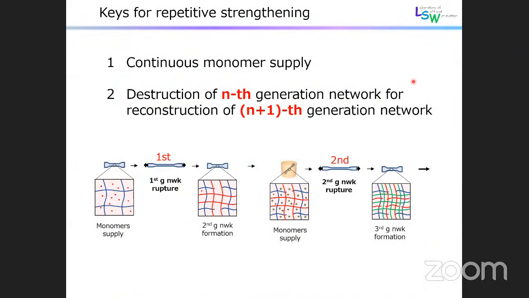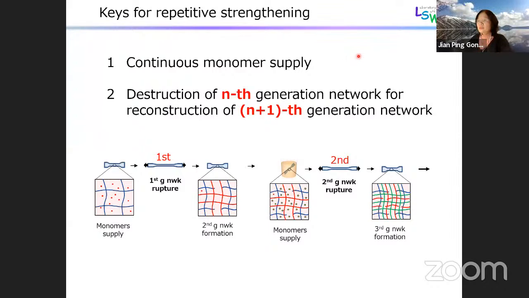So what is the condition for such repetitive strengthening? By assumption, of course, we need a continuous monomer supply, because the monomer will be consumed during network formation. So we need new monomer supplied to form the new network.